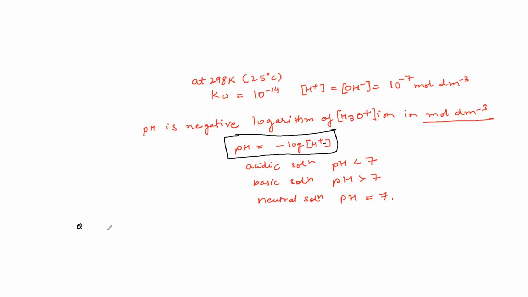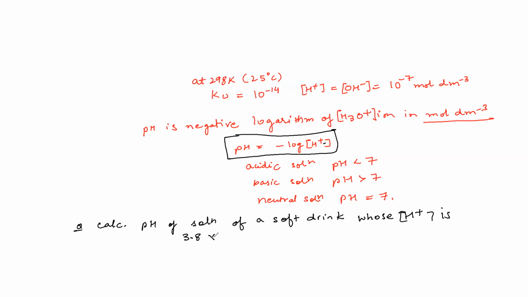Okay, so here we have a question. Calculate the pH of a solution of a soft drink whose hydronium ion concentration is 3.8 into 10 to the power negative 3 mole per decimeter cube.